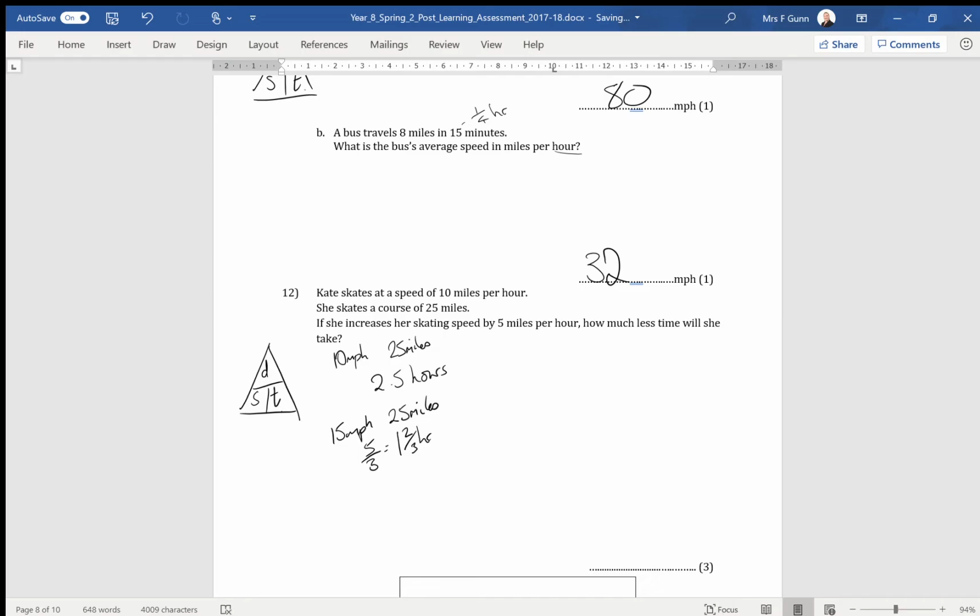Well, if an hour is 60 minutes, 1/3 of 60 minutes is 20, 2/3 is 40, so that's 1 hour 40. So this was 2 hours 30. So the difference, well, 40 to, so that's 50 minutes.